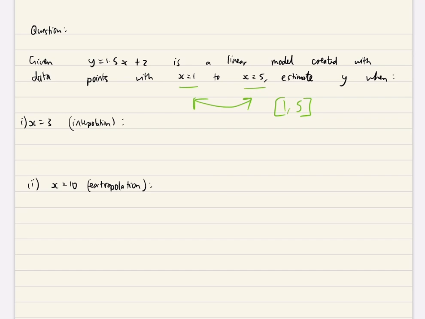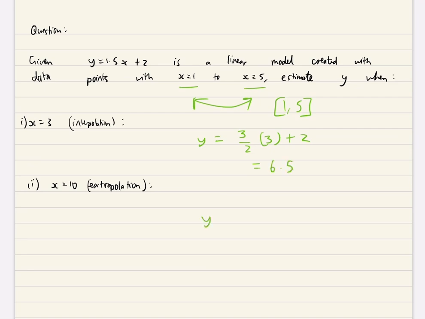And the way we assume it or estimate it is simply by subbing the x coordinate in and solving for y. So if I'm going to do that now, for x equals 3, I'm going to get y is equal to 1.5, which is the same as 3 over 2, times by 3 plus 2, and that's going to give me 3 times 3 is 9, 9 divided by 2 is 4.5, 4.5 plus 2 is 6.5.